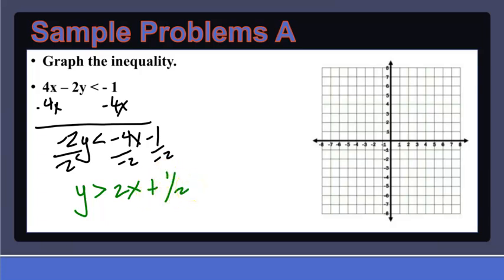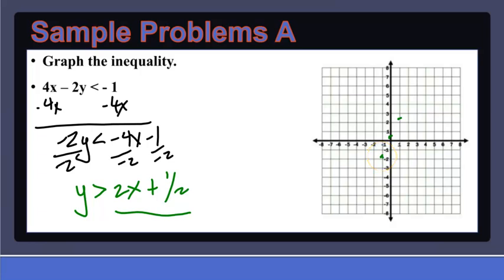So now I'm going to graph this on the coordinate plane. I have a point at 1/2 on the y-axis, so roughly here. And I use the slope. It's a positive slope, so it's going up and to the right. If I go up one to the right, I'm going to have a point roughly here, or I go down one to the left, which would be roughly here.